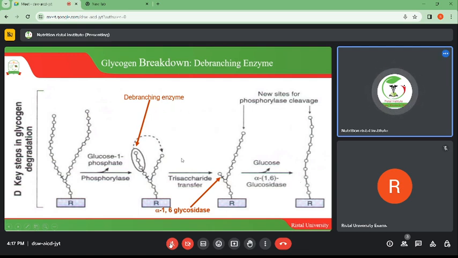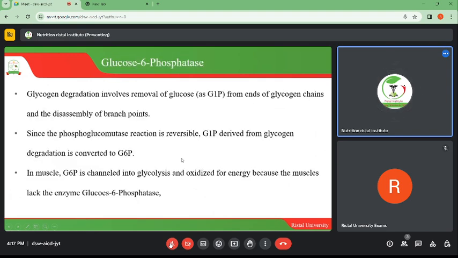So we can get further into the discussion ahead that now in muscle glycogen, in muscles, there is lack of glucose 6 phosphatase enzyme.